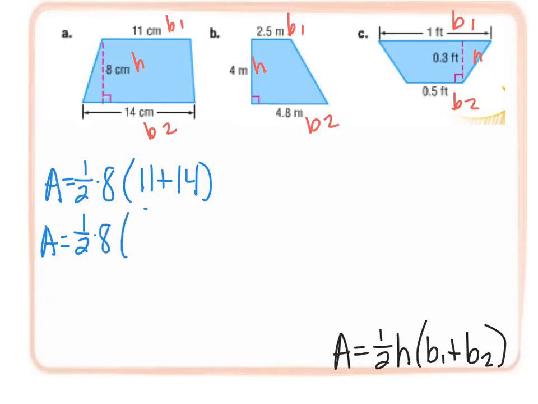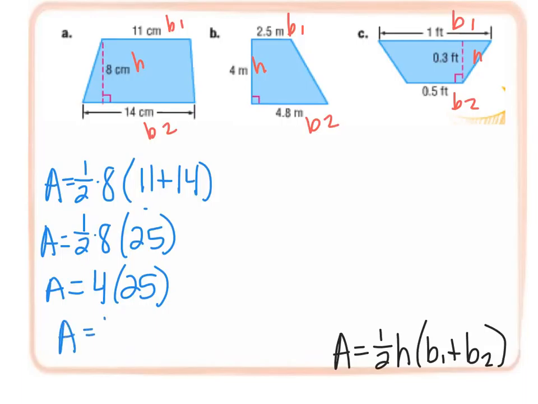Add these 2 together. 1 and 4 is 5, 1 and 1 is 2, so I have 25. A equals 4 times 25. Mental math, 4 quarters gives me $1, so I know that my area equals 100 centimeters squared.